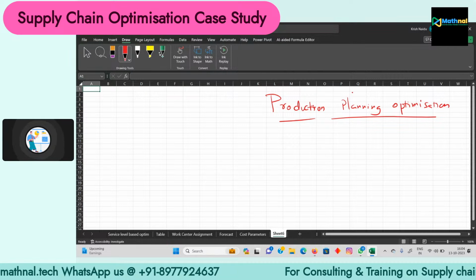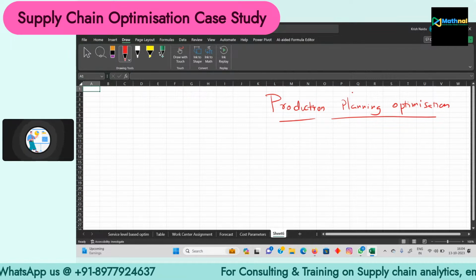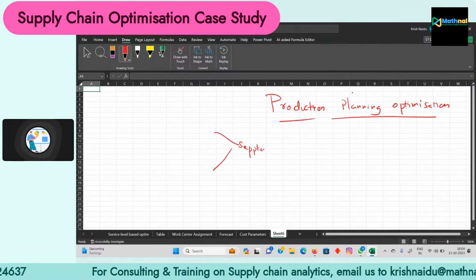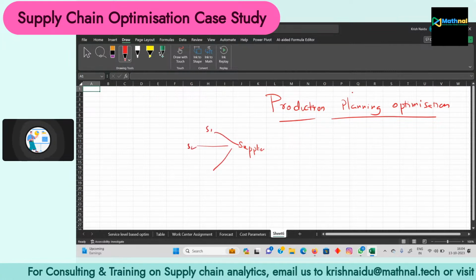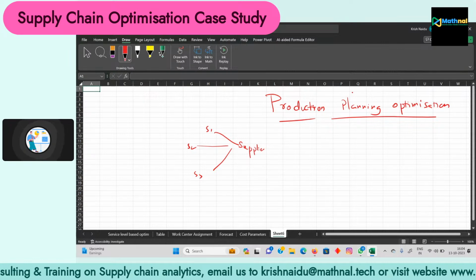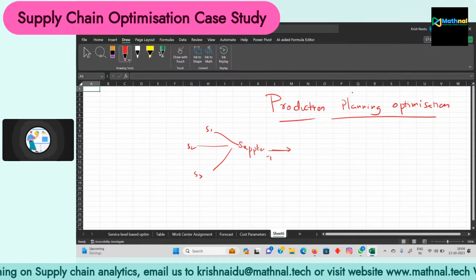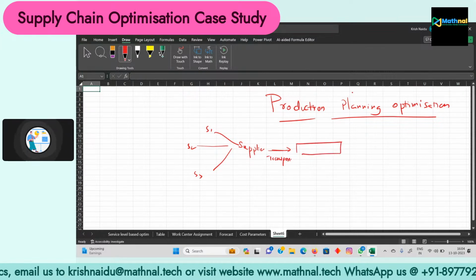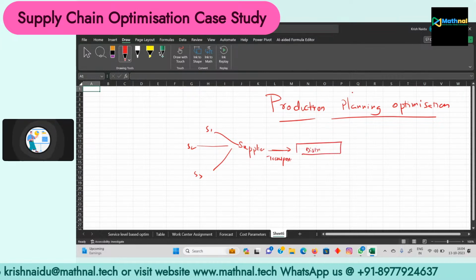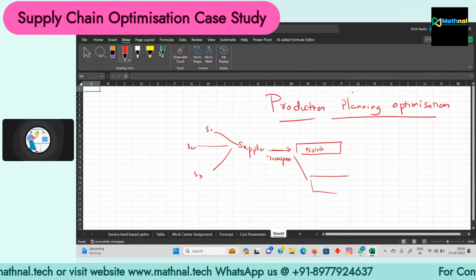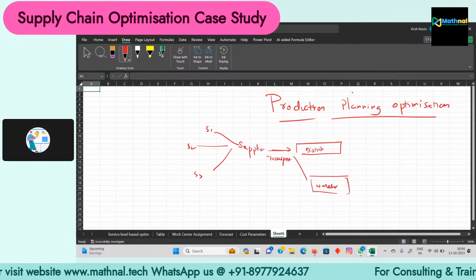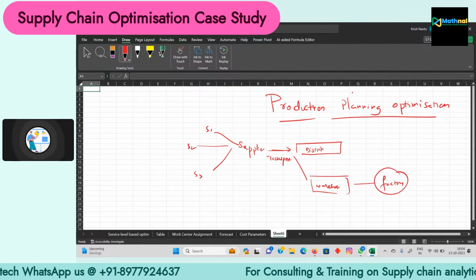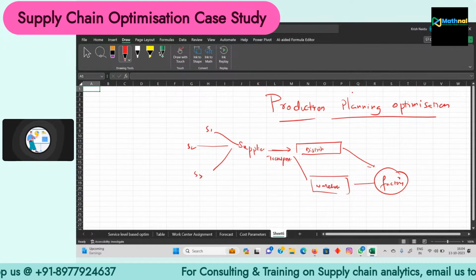Suppose you have a supply chain. Your supply chain starts with a supplier, right? And the supplier might have n number of suppliers. So these suppliers will ship the product using a transport medium to maybe a distributor or maybe your warehouse, right? And your factory will receive the goods from the warehouse or maybe from the distributor.